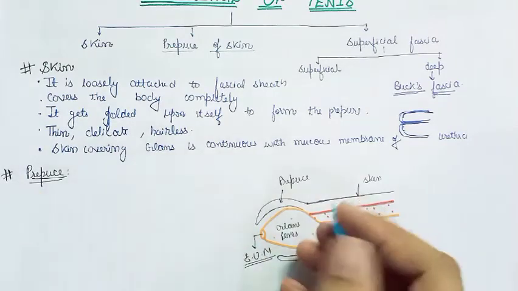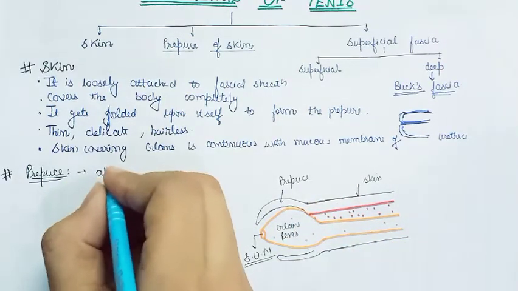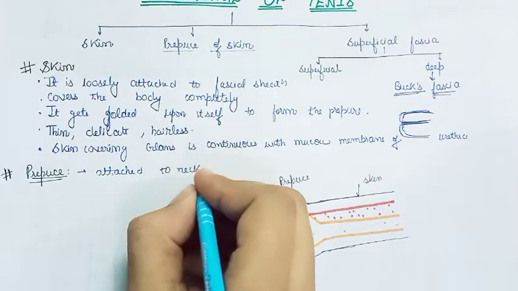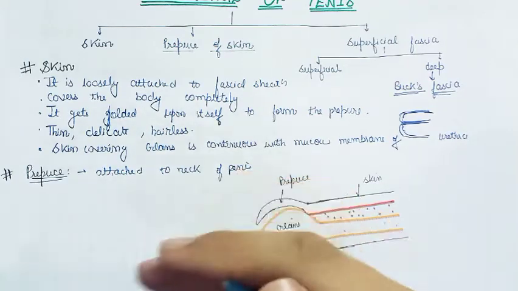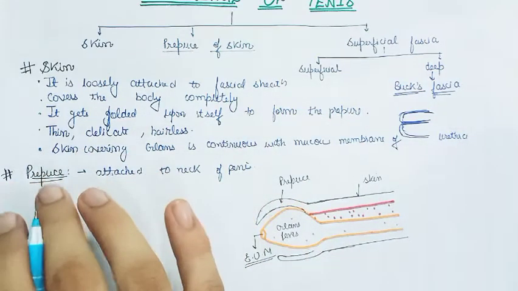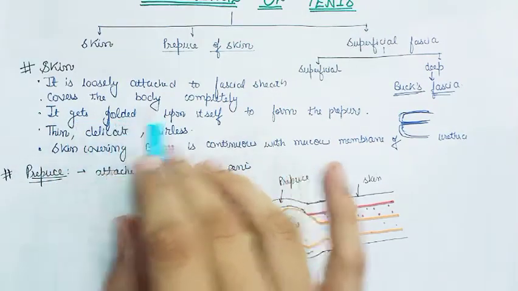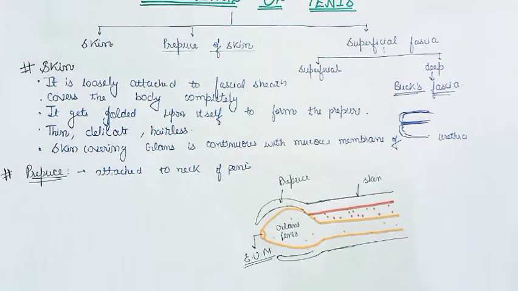So the prepuce is attached to this neck portion. It is attached to the neck of the penis, and is just a fold of skin. You can write under this heading that the skin of the body of the penis gets folded upon itself to form the prepuce.